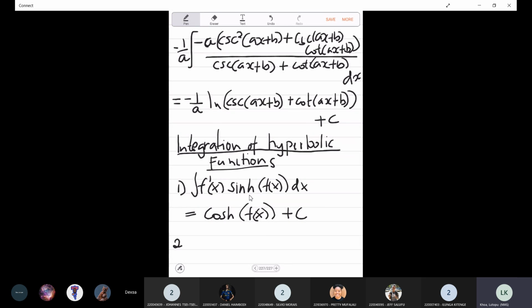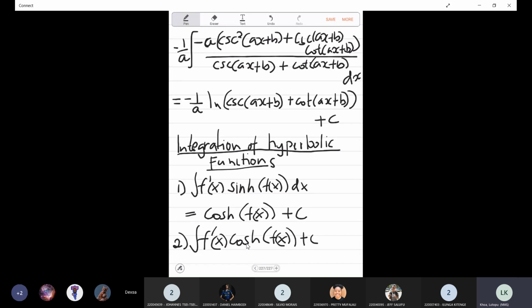Okay, then number 2, if you have f prime of x and then cosh of f(x), the idea is the same: you always want to have the derivative of what you're taking the hyperbolic function of outside, so that you can just write the integral like that.